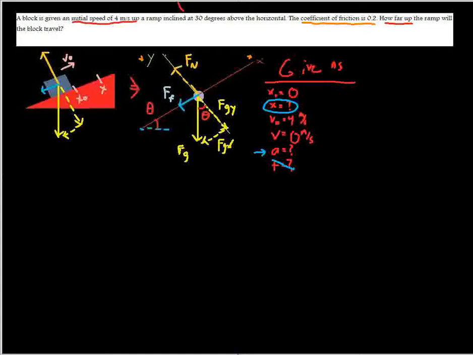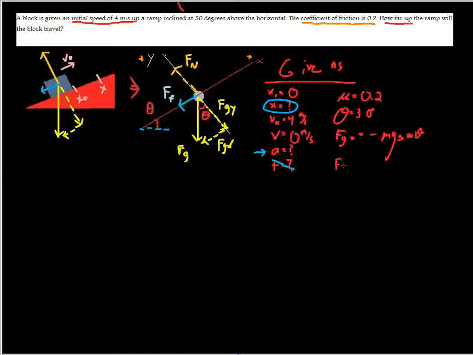So before I get that information, I should list some givens as far as forces go. I know that the coefficient of friction is 0.2. I know that my angle is 30 degrees. And if I want to, I can write out, for instance, the force of gravity in the x direction will be, in this case, negative mg sine of the angle.